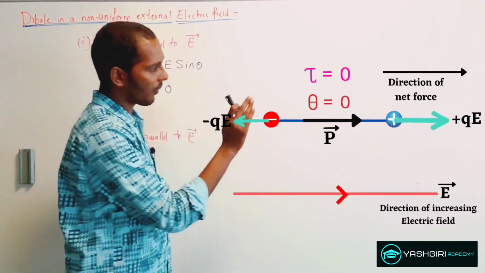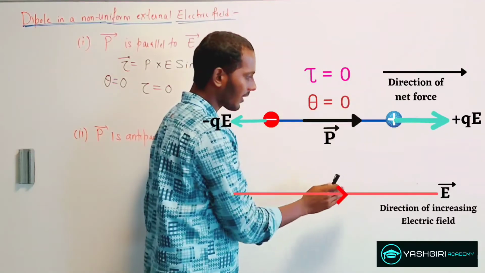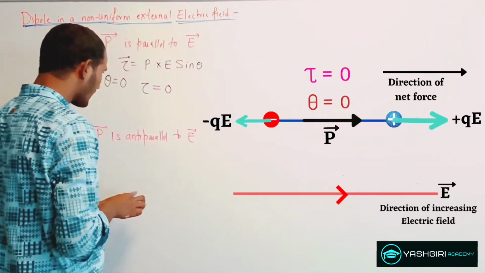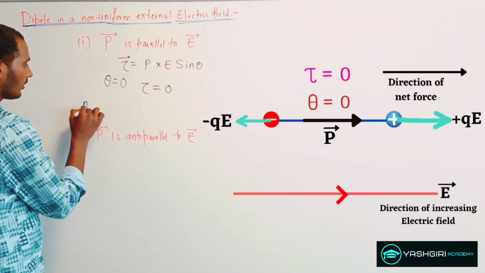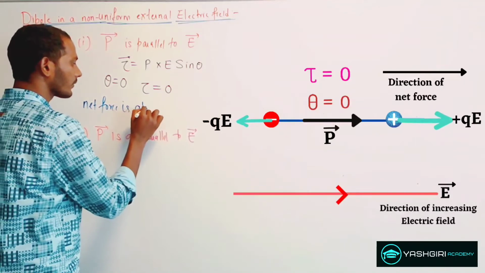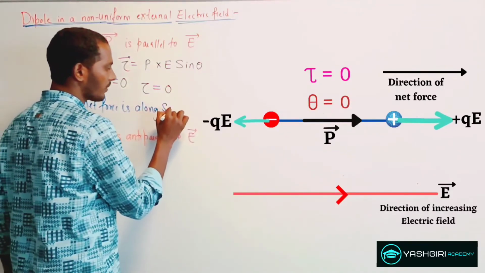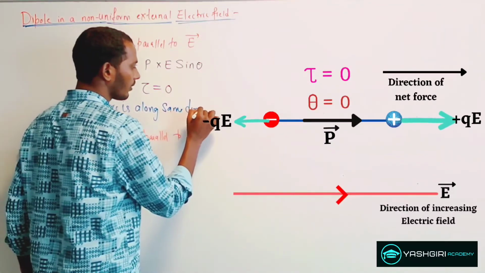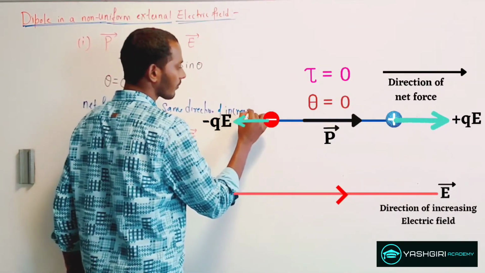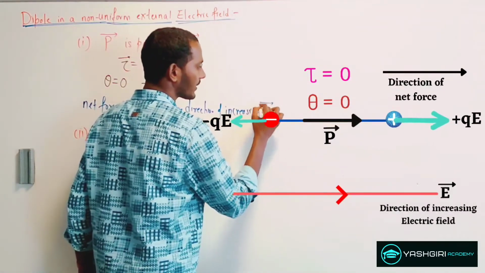The net force is along the same direction as the electric field. So I can say that the net force is along the same direction of increasing electric field. So that's it.